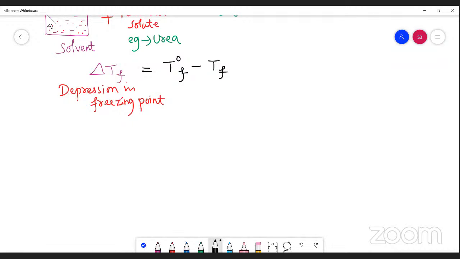Now, experimental research shows that the depression in freezing point, del TF, is directly proportional to the molar concentration of the solute particles.